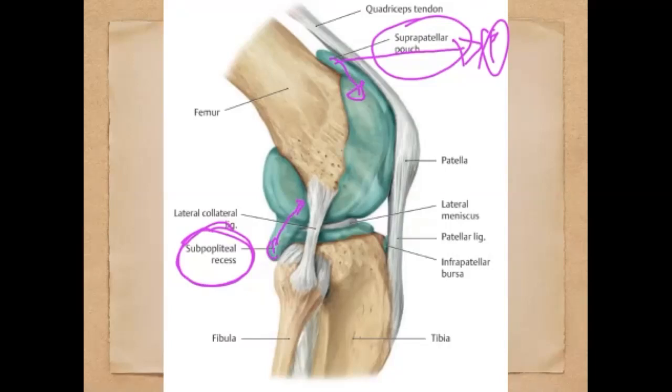Other bursae may or may not communicate with the synovial cavity, but these two, the subpopliteal recess and the suprapatellar pouch under the tendon of quadriceps, surely communicate with the joint space, that means the articular space.